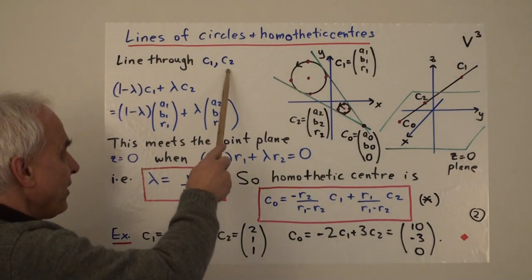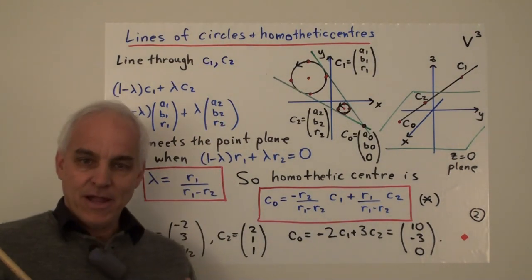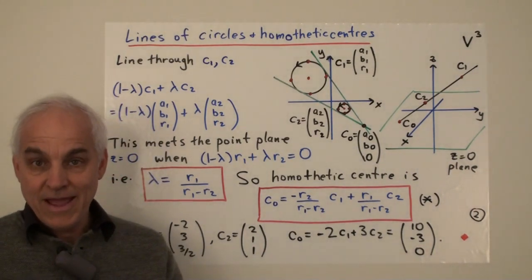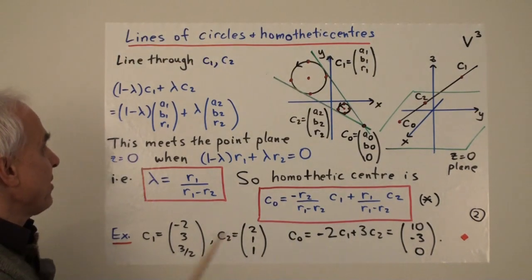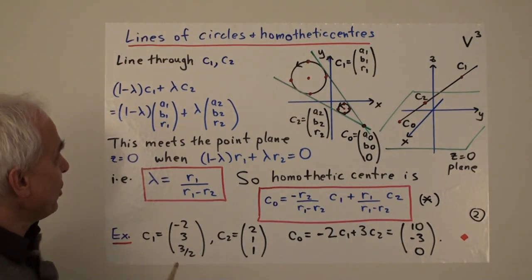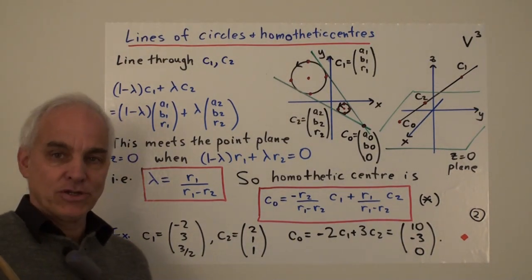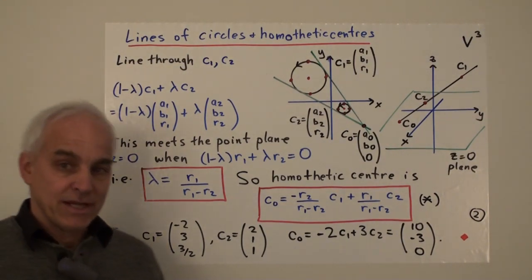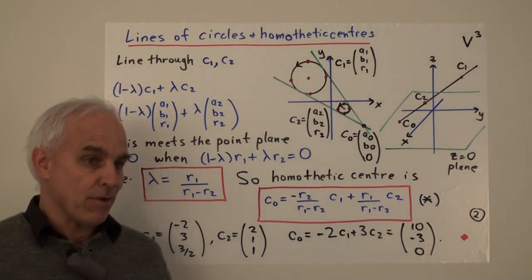Well, we know that if we have two vectors, then the line that joins those vectors has a parametric kind of equation using convex linear combinations, from one of our earlier lectures in the series, maybe around 3 or 4.